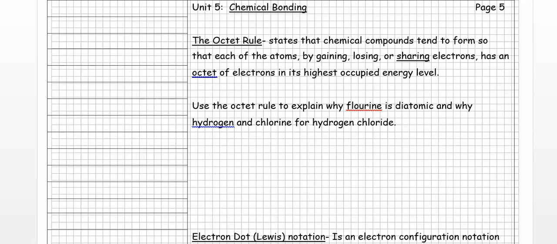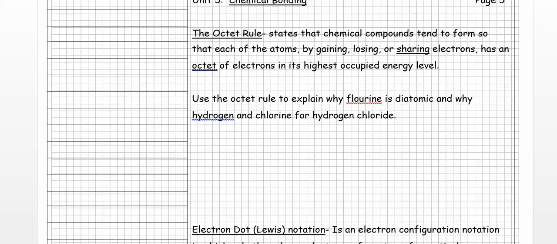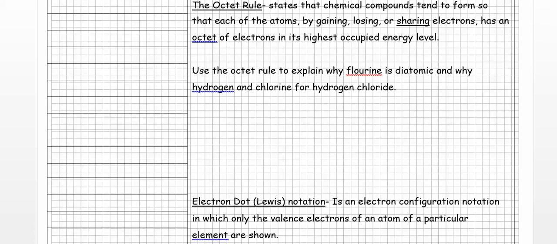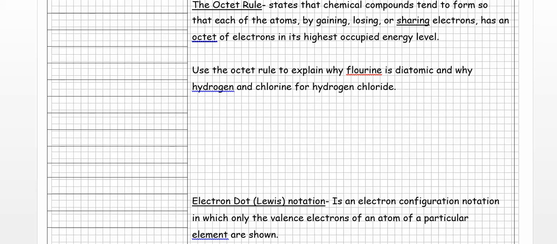So the question is to use the octet rule to explain why fluorine is diatomic and why hydrogen and chlorine form hydrogen chloride. So let's start with the fluorine. Let's find fluorine on the periodic table. Well, it's a halogen. It has 7 valence electrons, right? 1, 2, 3, 4, 5, 6, 7.